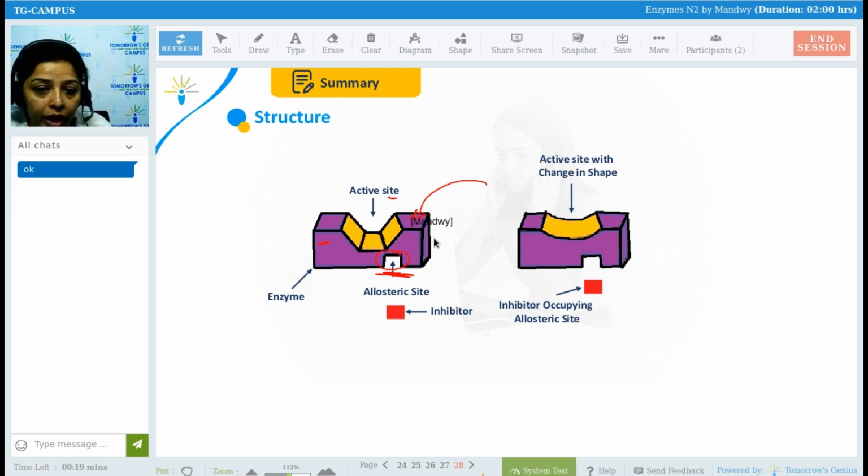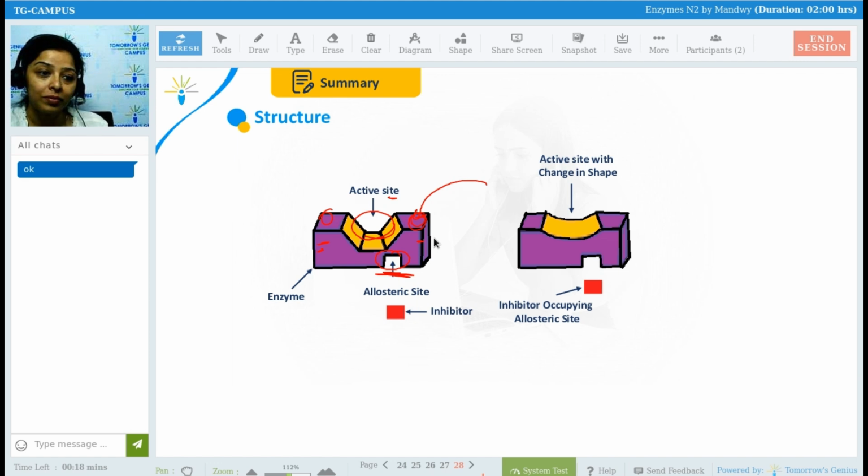It may bind anywhere, and it will change the configuration of the active site. It will change this shape. So now this active site is no longer available to bind with the particular substrate to perform the action. Are you getting me? So this is non-competitive. Clear? Okay.